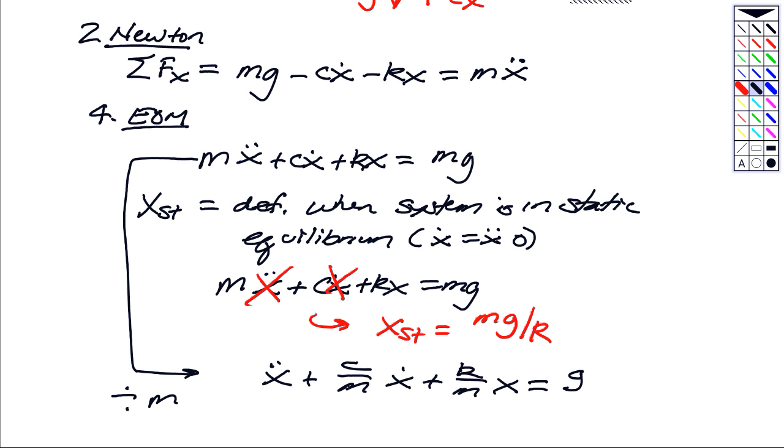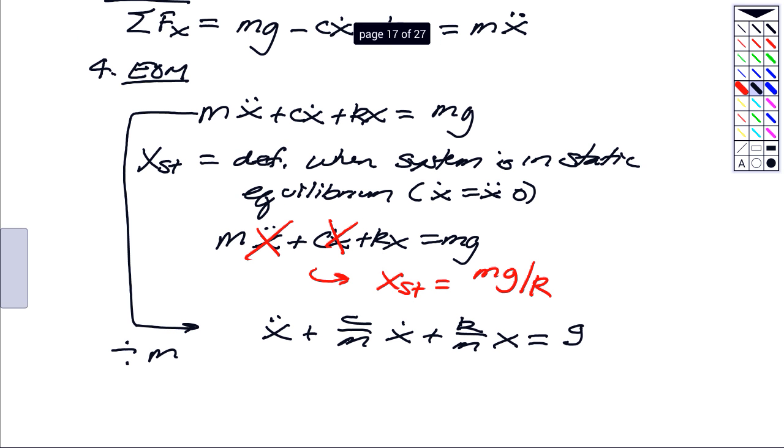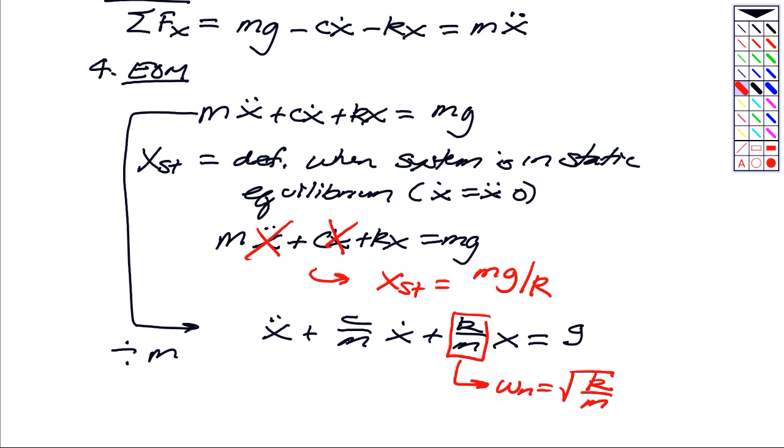Sorry, just g. This k over m we know by our definition is the undamped natural frequency squared. So omega n in this case is the square root of the number that you get when you divide k by m. K is given in the problem as well as m, and take the square root.